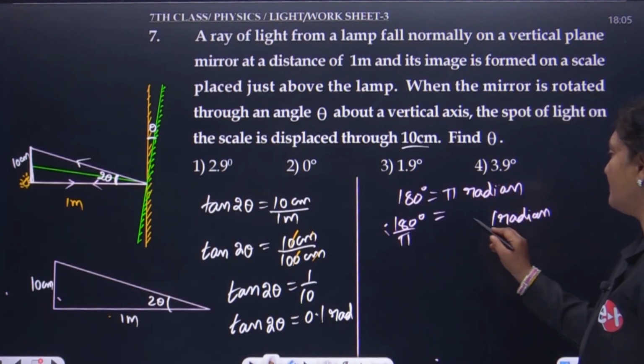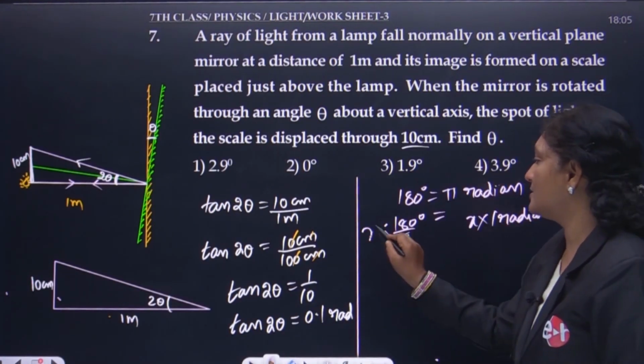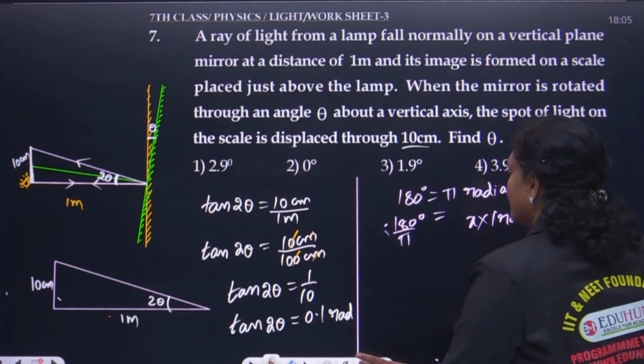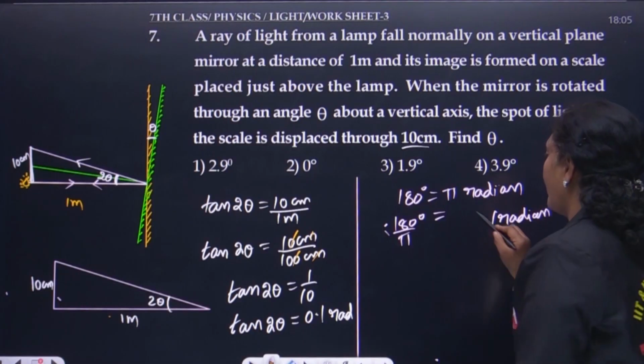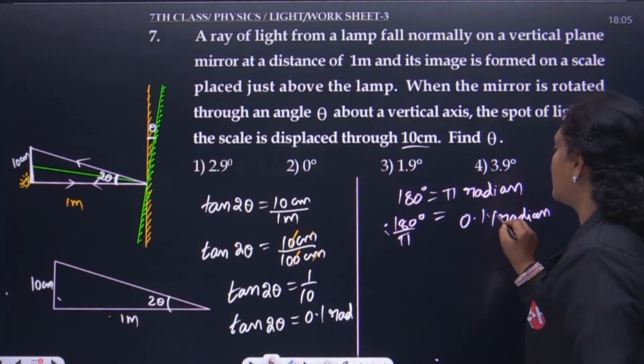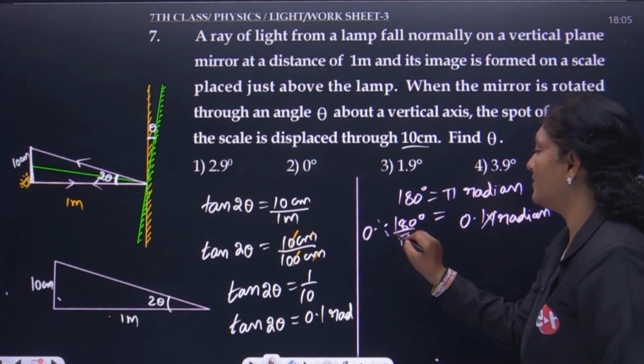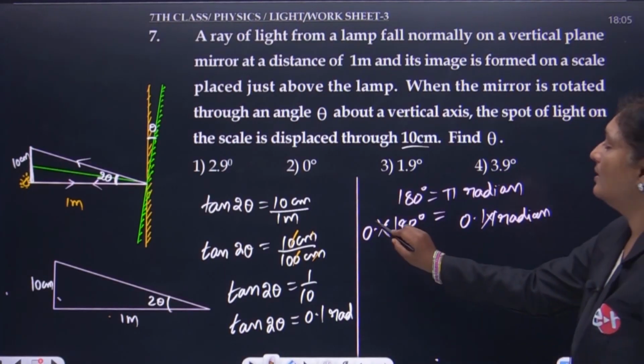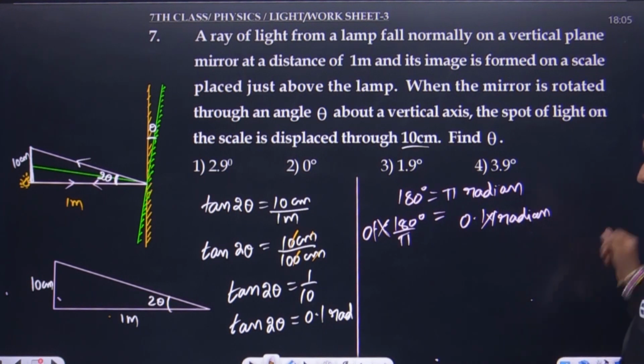Similarly, if this is some x radians, means this is also x radians. But here how many radians they were given? They have just given it as some 0.1 radians. So this should be multiplied with 0.1 radians to convert it into degrees.